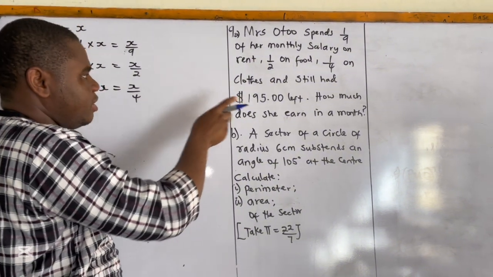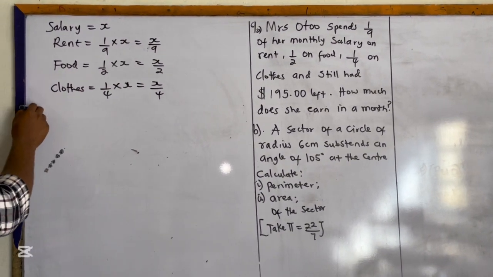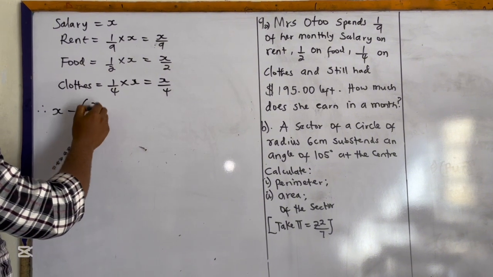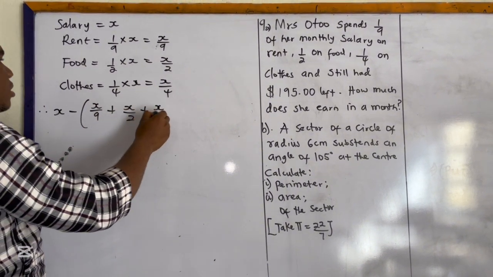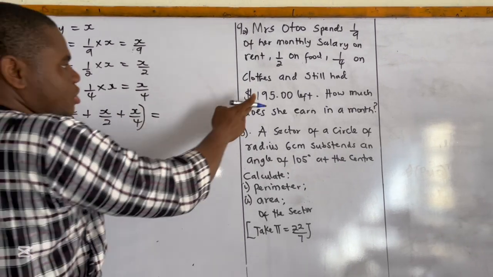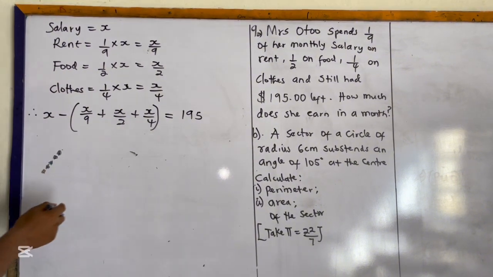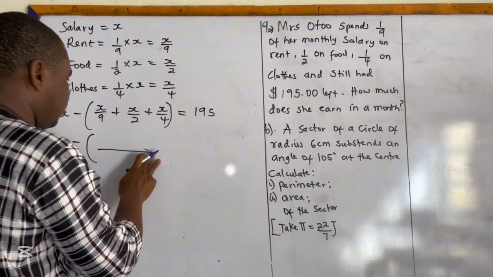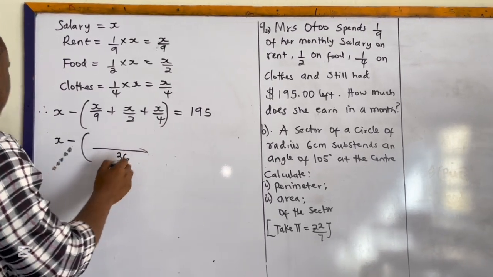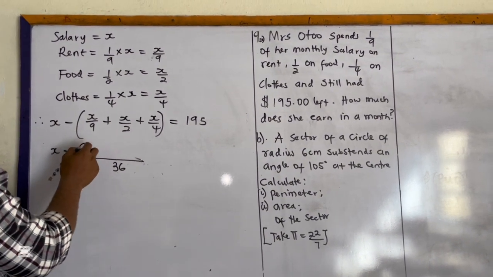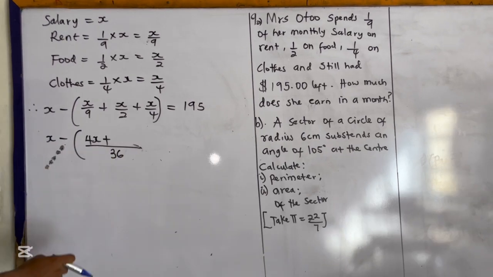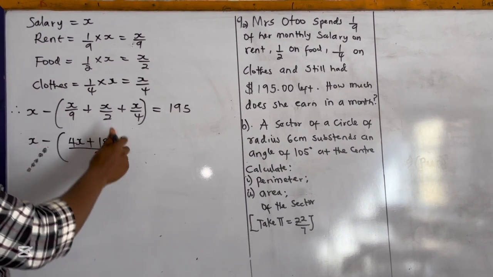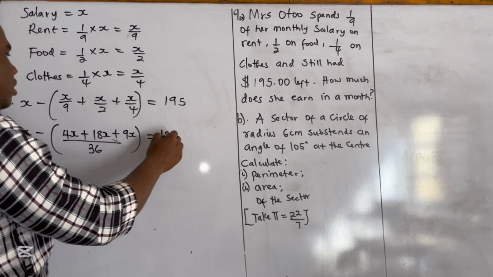We are going to have $195. So therefore x, the salary, minus, we are going to sum this together: x over 9 plus x over 2 plus x over 4, is giving us $195. Now we have x minus, find the LCM of 9, 2 and 4, that will give us 36. 9 goes in here 4 times, so 4x. 2 goes in here 18 times, 18x. 4 goes into 36 9 times, 9x, equals 195.